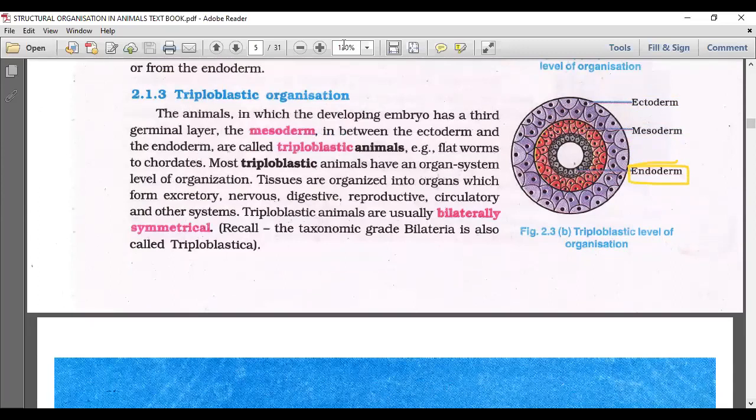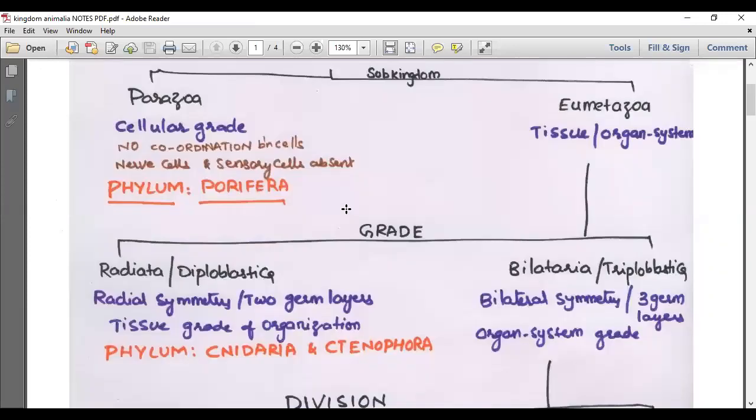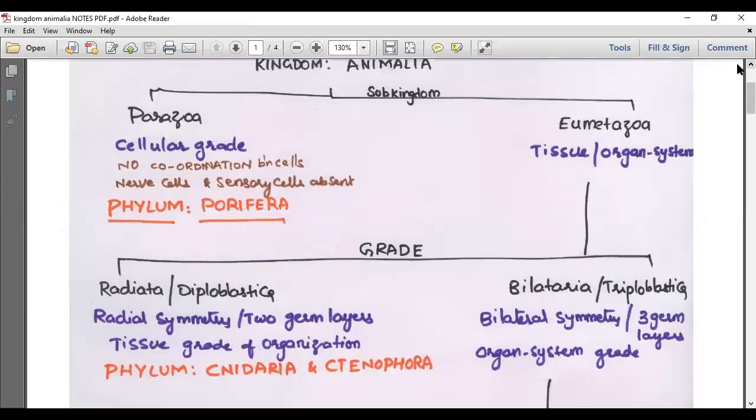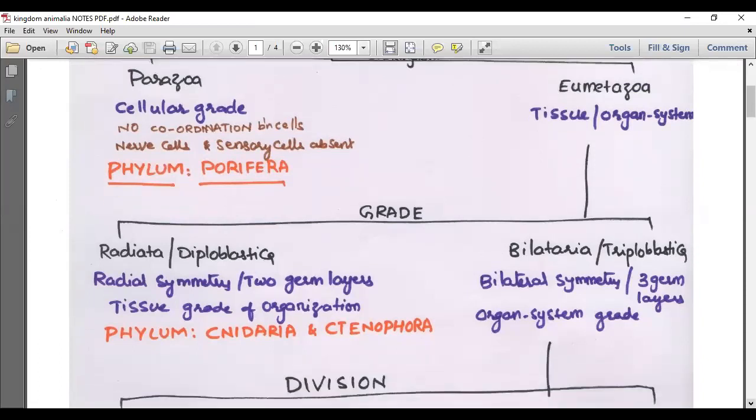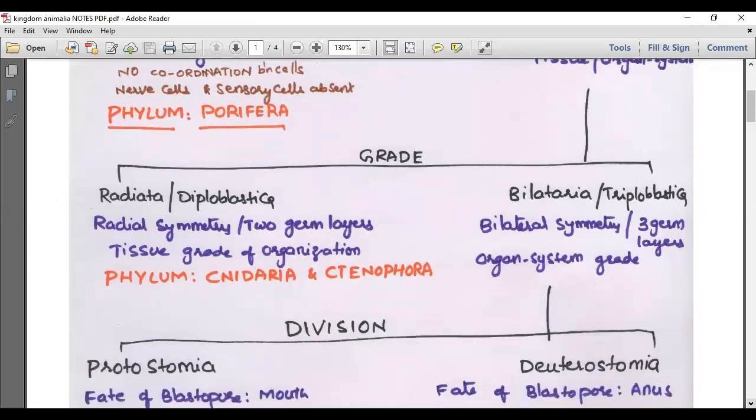Before we talk about the triploblastic organization, we'll make it a formality to go there. The classification I am giving from the beginning: kingdom Animalia is classified into two subkingdoms. Among them, Eumetazoa is classified into two grades. Among the two grades, grade Bilateria or Triploblastica, with what number of germ layers? Three germ layers, hence we call it Triploblastica.